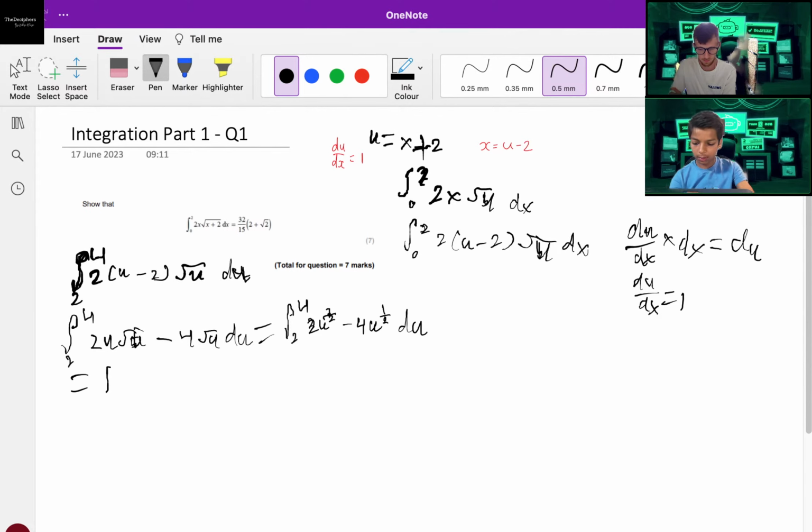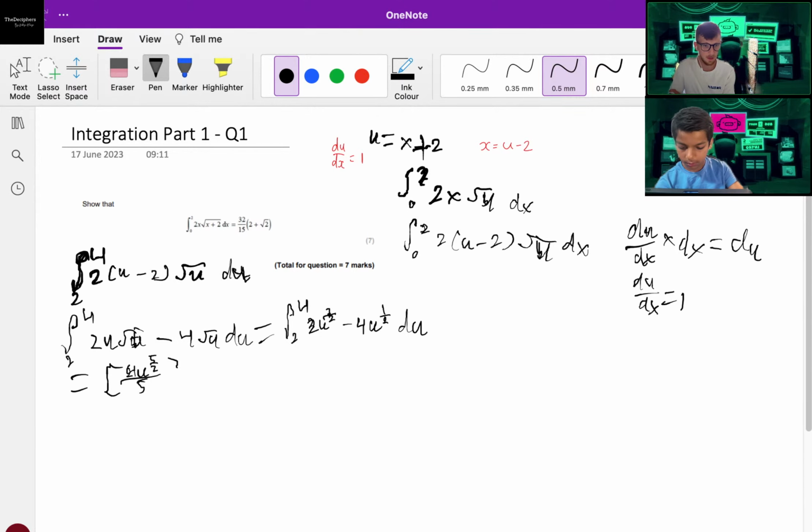So the integral of 2u to the power of 3 over 2 is 2u to the power of 5 over 2 divided by 5 over 2, which is 4u to the power of 5 over 2 divided by 5.